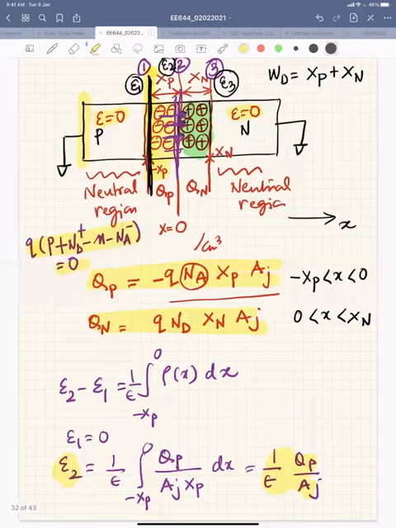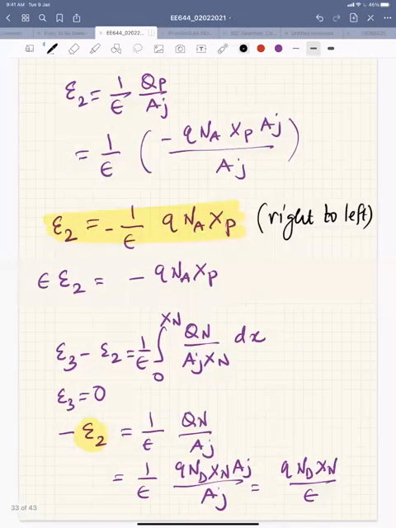E3 is 0, because this is also the edge of the neutral region, so your electric field has to go to 0. This is the boundary. So E3 will be 0, and E2 will be QND xn by epsilon, also with a negative sign. So the field is from right to left.